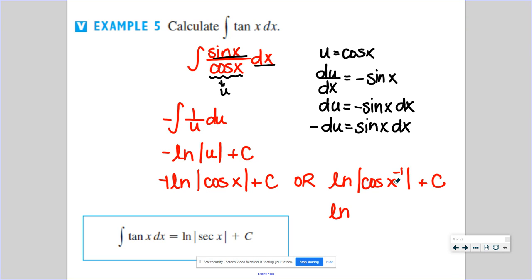And since this is being raised to the negative 1 power, that's the same as 1 over cos of x, and 1 over cos of x is equal to secant of x. So again, not totally necessary to go these extra couple of steps, but I just wanted to explain why you're looking at something that looks a little bit different than what we had up here.